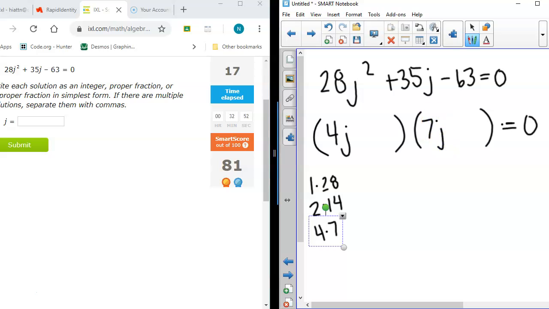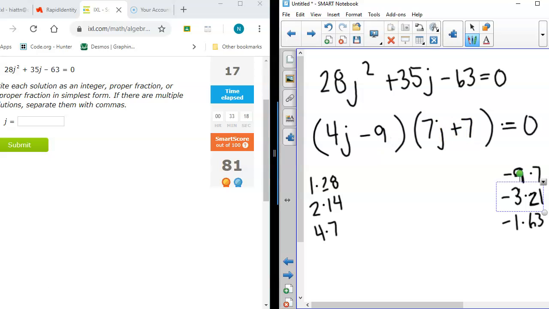To get -63, I could multiply -9 times 7. I could also multiply -3 times 21. Or, of course, I can always use -1 and 63. So let's try -9 plus 7.